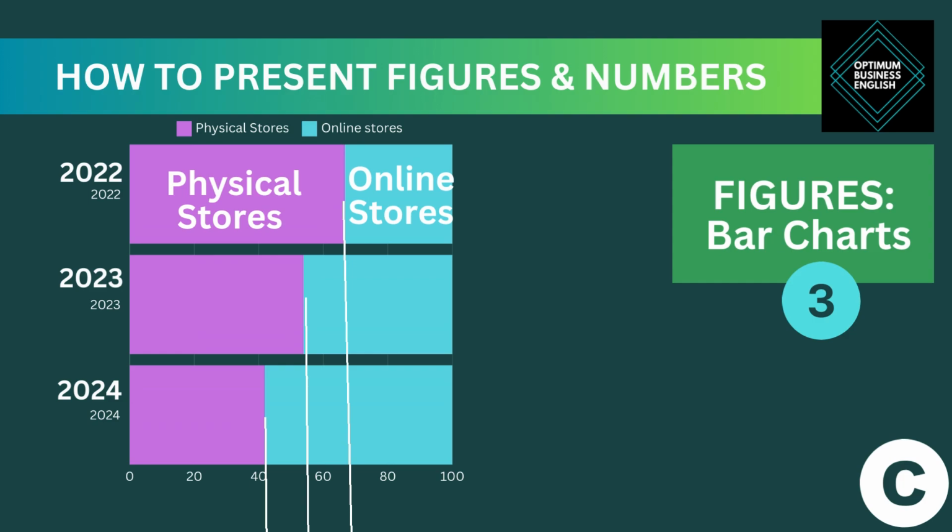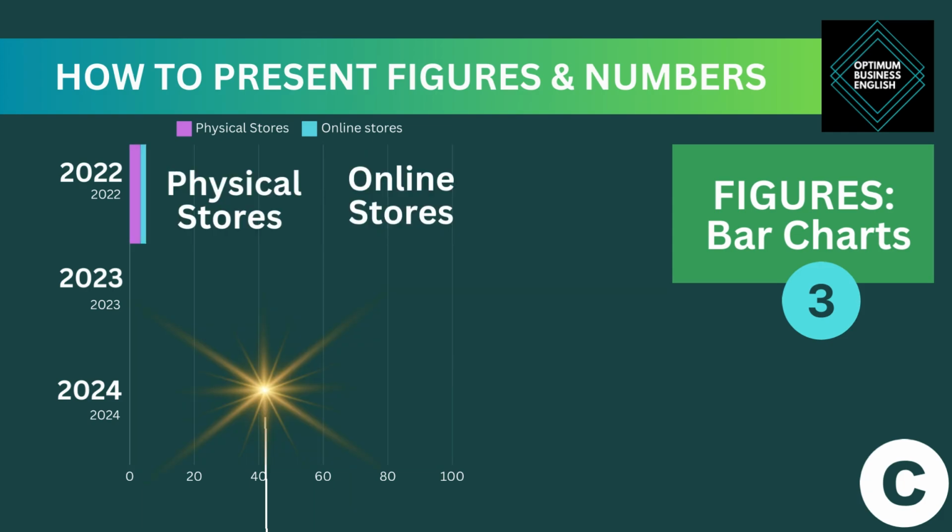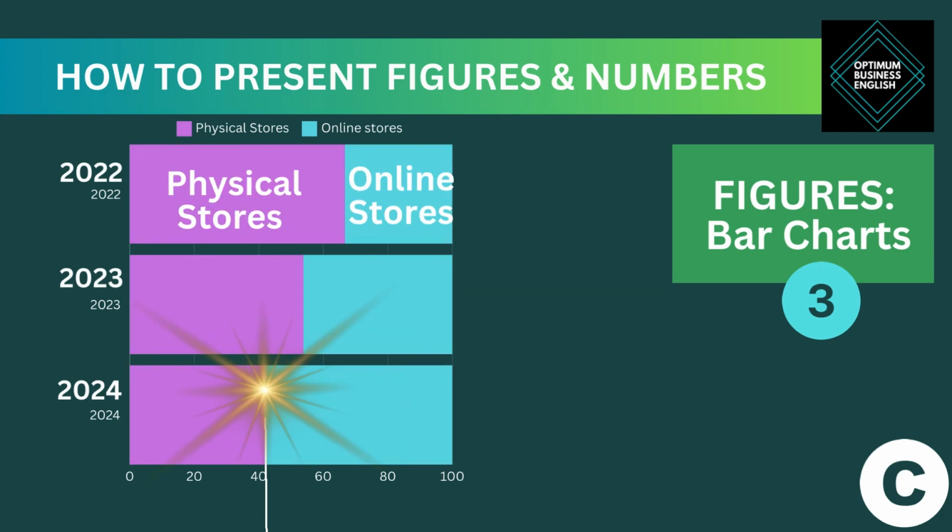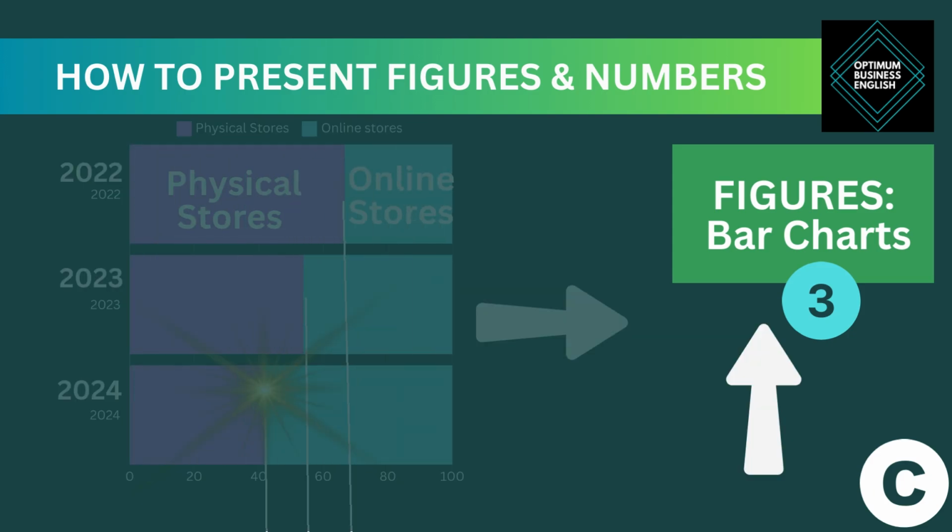This shows how the blue online store size of each bar has increased each year and went past the physical stores halfway or 50% point in 2024. Once again, the direction of the bars may either be horizontal, lying flat, as they were in the example, or they could be vertical, standing up straight.